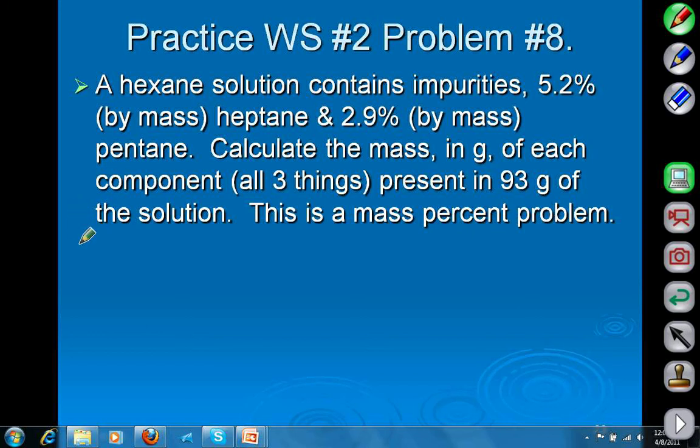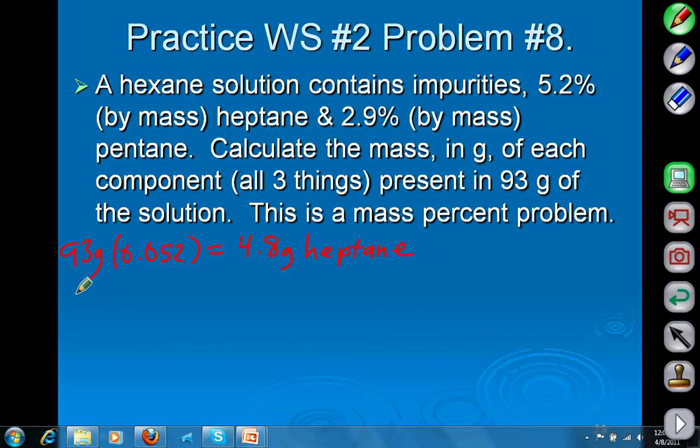So what we're going to do is take the 93 grams and multiply it by 5.2%, which is really 0.052. We can't leave it in percent form. And we're going to get 4.8 grams of heptane.